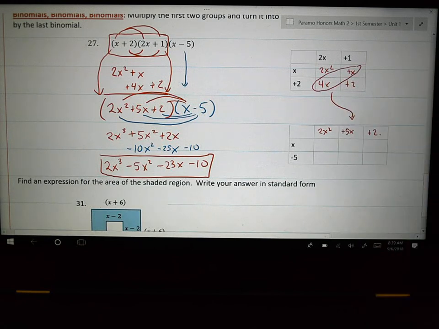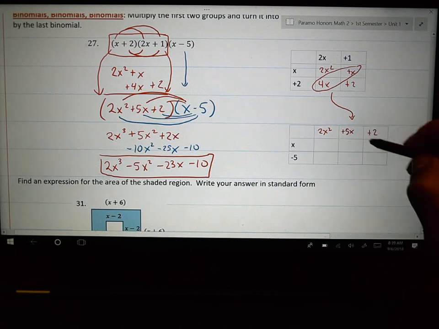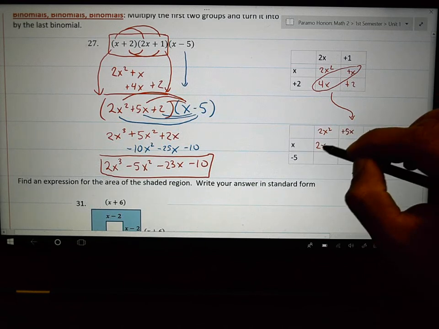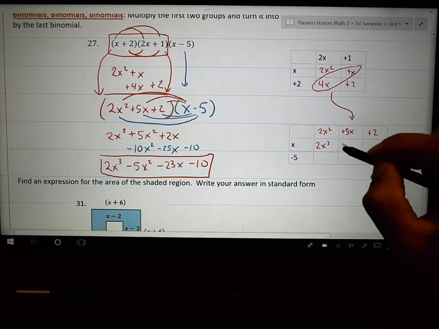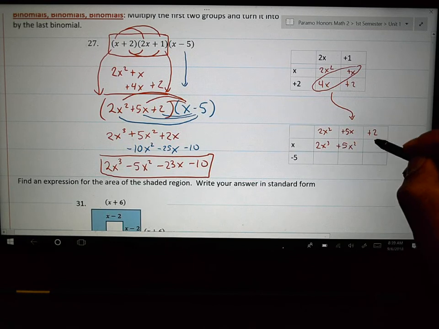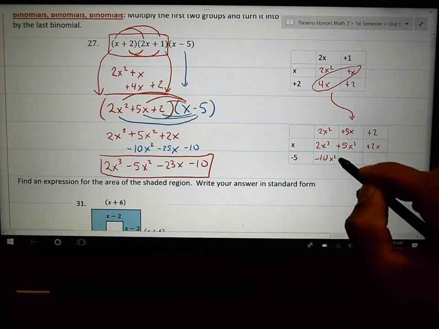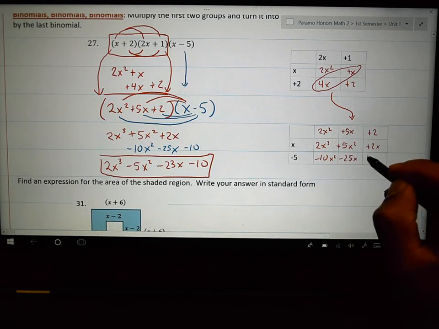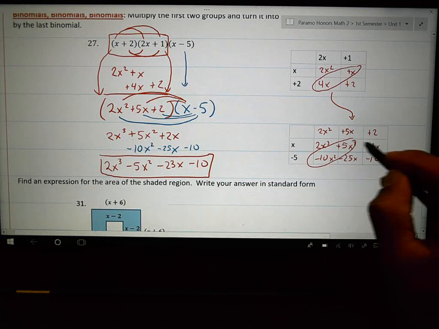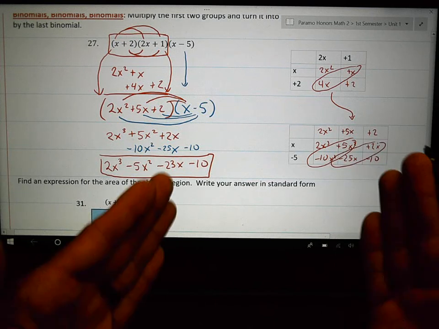And then you'd have to do this times all 3. 2x to the third, 5x squared, 2x. It feels like a lot more work, but it's not too much more work. I just don't prefer it, because then you have to put those together and those together, and you'll get the same answer.